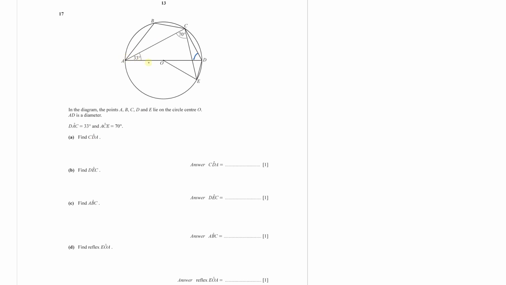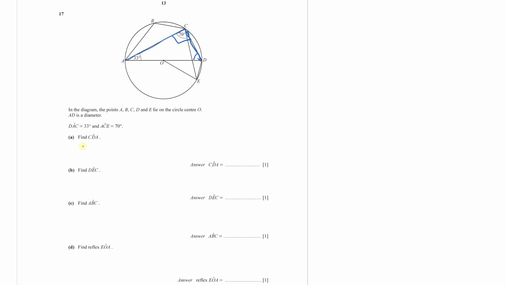So since AOD is the diameter, angle ACD here is actually 90 degrees, because this is an angle in a semicircle, or angle subtended by the diameter on the circumference of the circle. This is always equal to 90. So we know that this is 33, this is 90.